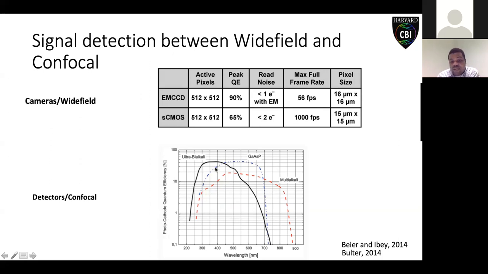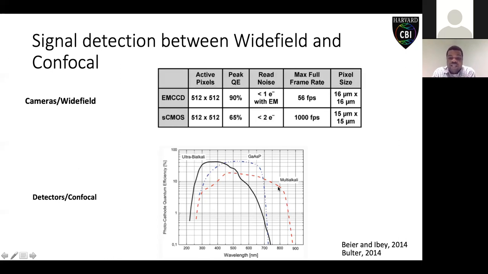So as you can see from this diagram, the ultra bialkali detector can detect things better in the UV range. The GaAsP detector is better in the red and then green wavelength. And then there's another multi-alkali detector, which has a better sensitivity in the far red.